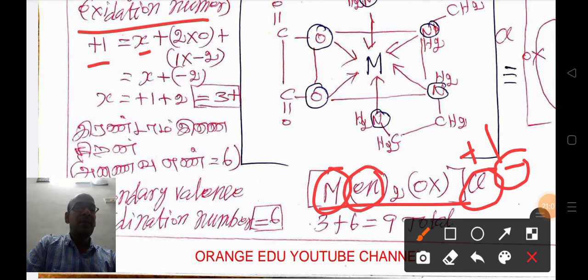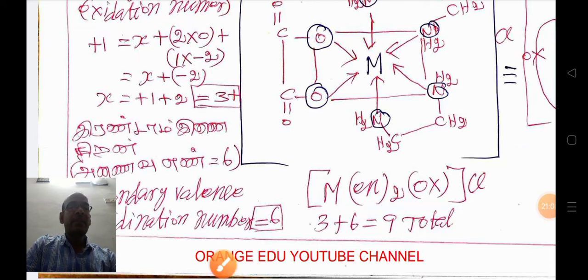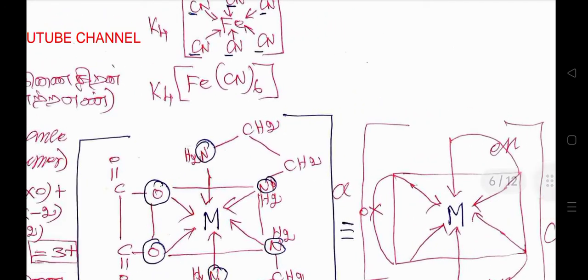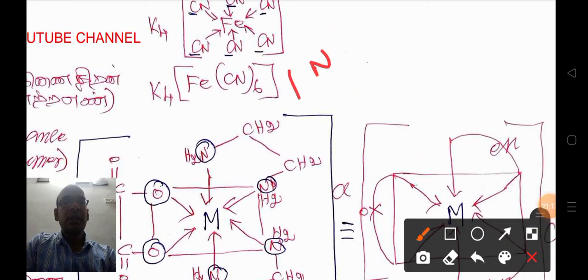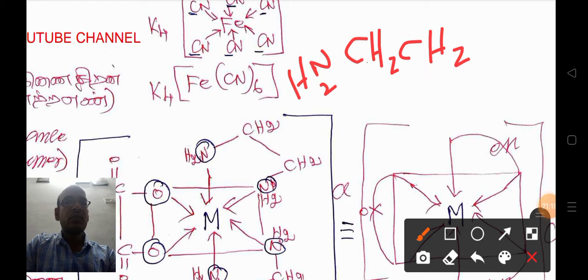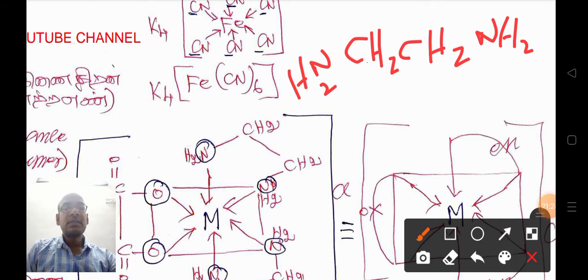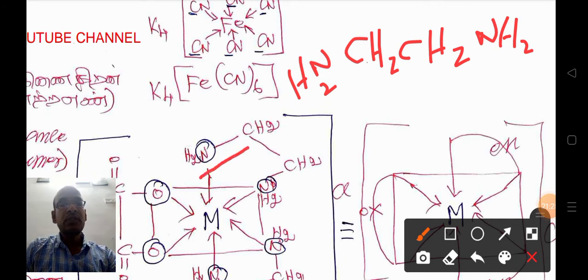This ethylene diamine formula is NH2CH2CH2NH2. This is ethylene diamine.